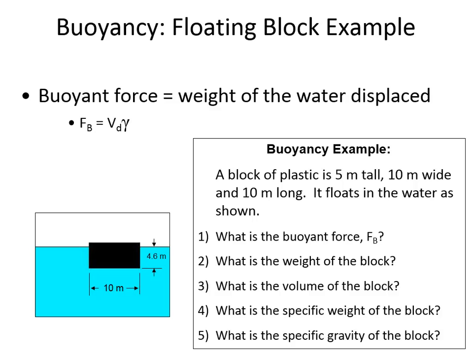If you had water and oil, you wouldn't be able to interpret anything about the specific gravity of the oil in the same way that you can for a solid, because it's going to be whatever distance it is regardless of what its specific weight is. As long as its specific weight is less than 1, it'll float on top of the water.